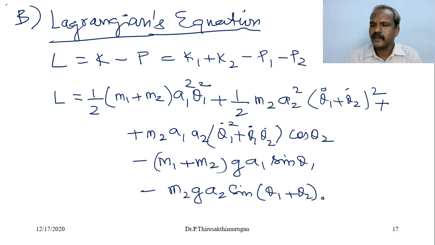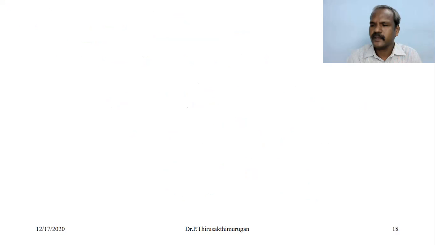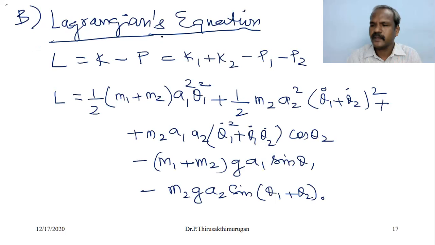Okay. So now we have to compute dou L by dou theta 1 dot. So what we will get, just to differentiate that L equation with respect to theta 1 dot. So we will be getting M1 plus M2 of A1. You see, you differentiate this equation. So if you differentiate this, M1 plus M2, we are differentiating with respect to theta 1. Okay. So these two will be here, 2 to cancel, right?